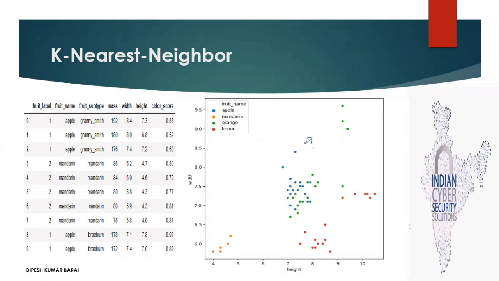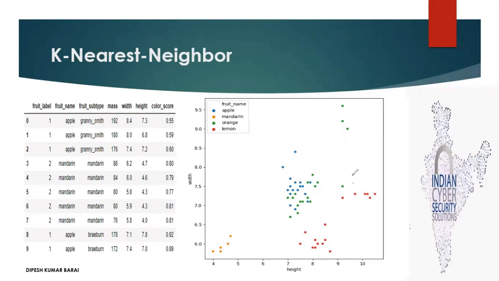If we take the one point nearest to it, we can say this fruit is an apple, because the color of an apple is blue.